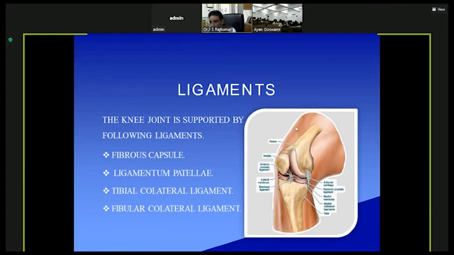And then the quadriceps inserts into the tibial tuberosity from the patella downwards. That is called the ligamentum patellae that holds the patella. Finally, as I said earlier, you have the tibial and the fibular collateral ligaments, and all these are surrounded by a fibrous capsule that holds the lower end of the femur and the upper end of the tibia together.